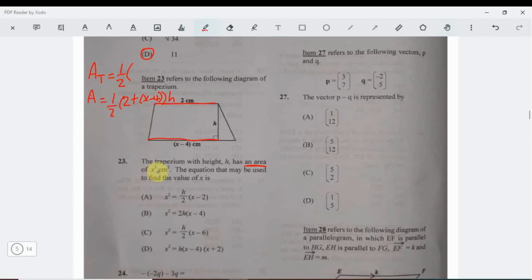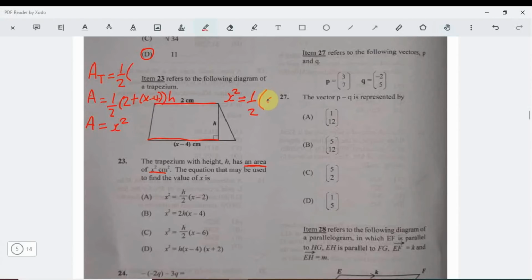But they also told us that the area is x squared. So what they're telling us is x squared is equal to a half in bracket 2 plus x minus 4. You see that 2 plus minus 4 is just negative 2.